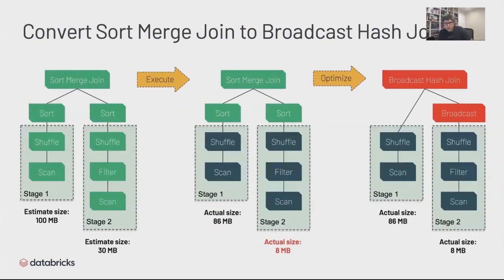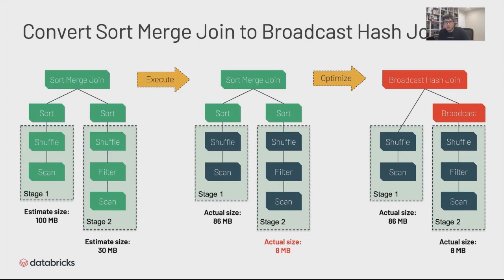This is an example to show how AQE converts a sort merge join to broadcast hash join at runtime. First, execute the leaf stages in a query, and then collect the statistics from the shuffle operators, which materialize the query fragments.